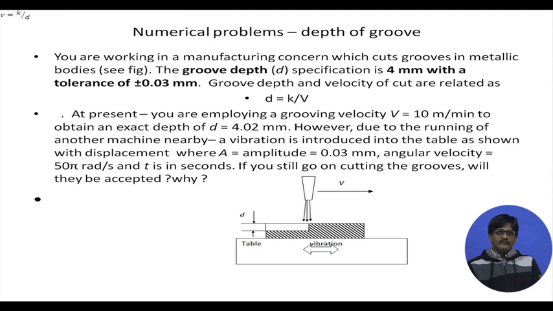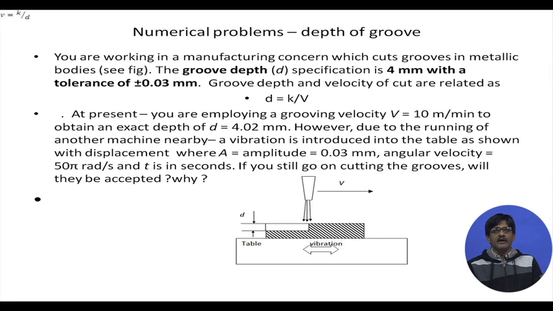We are also not concerned about any change in the groove width due to change in velocity. It is simply assumed constant. At present, you are employing a grooving velocity of v equal to 10 meters per minute, and you are obtaining an exact depth of groove equal to 4.02 millimeters. So, it is acceptable because it is lying within the range 3.97 to 4.03.